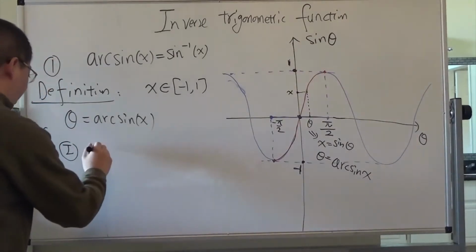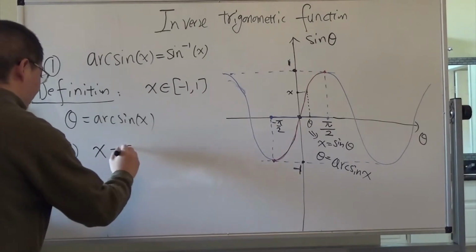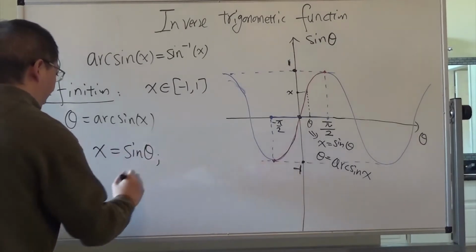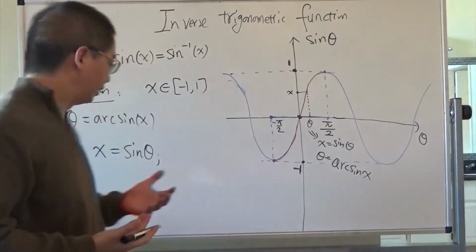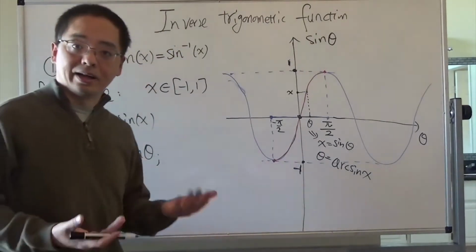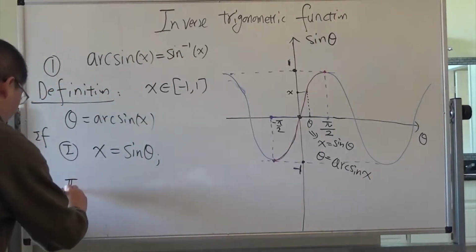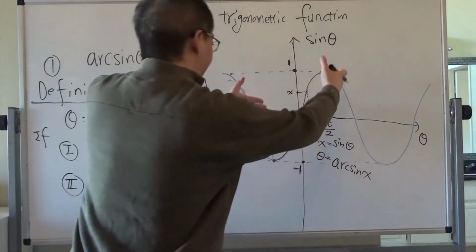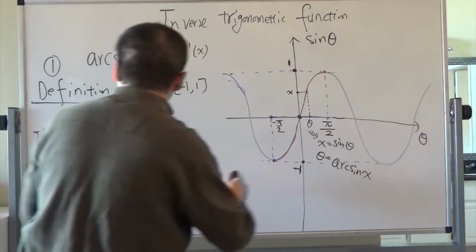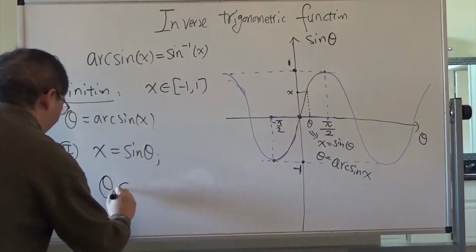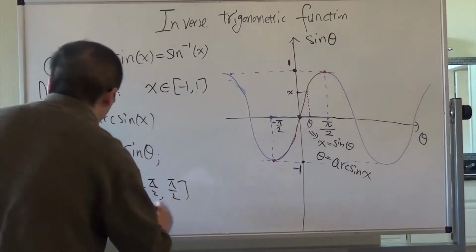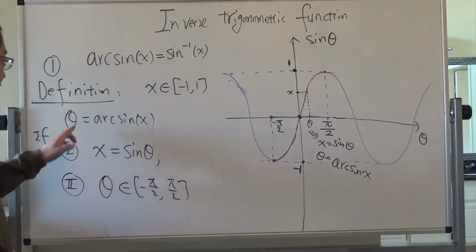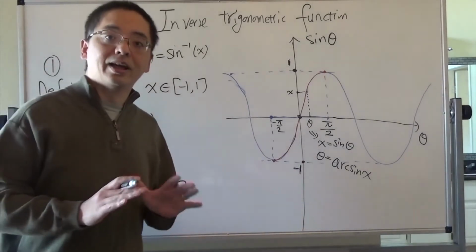Number one, we need x equals sine theta. Of course, this is not enough because infinitely many theta will give us the same sine value. We need to restrict the range of theta: theta belongs to -pi/2 to pi/2. Given these two restrictions, theta is uniquely given.